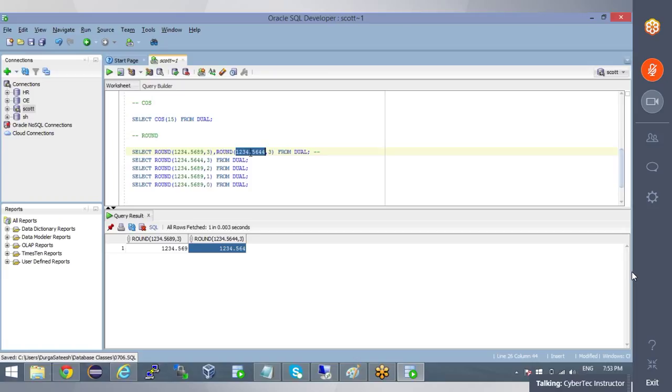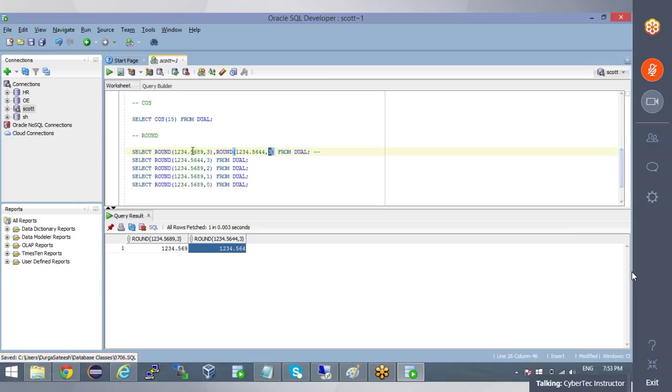This is your first argument, whatever the input data that you're giving within this round function. The second one is nothing but your search string, the second argument.